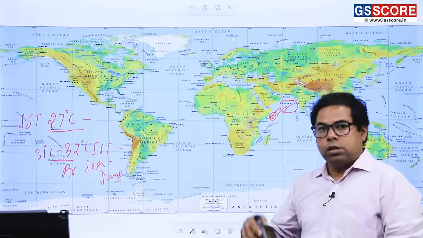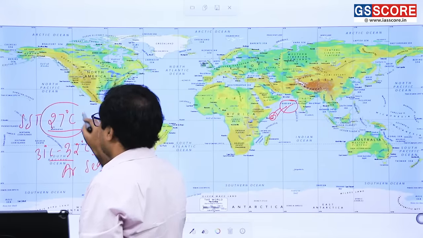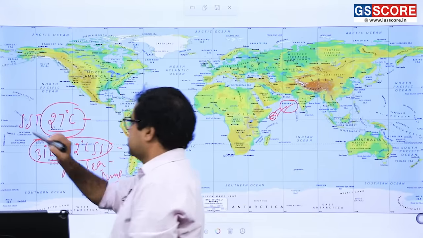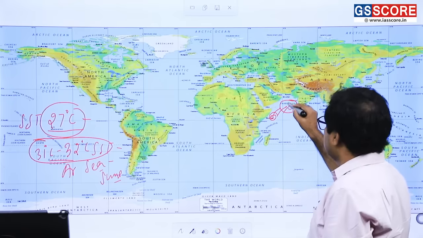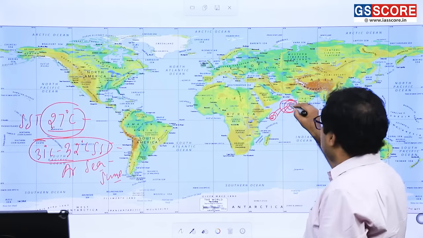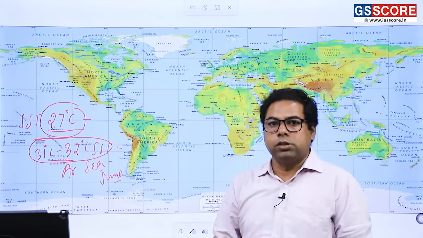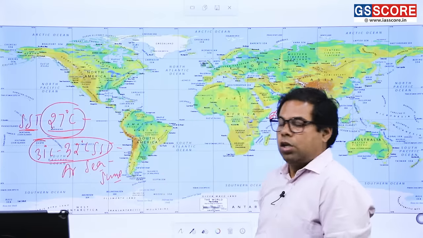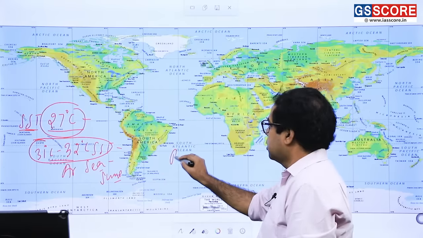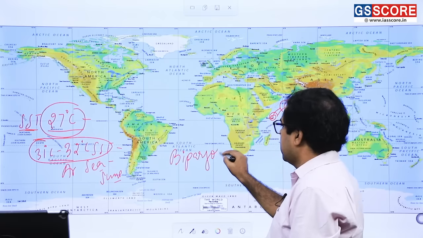So that was above average temperature, or we can say excessively above average temperature of the sea surface. That has been responsible for developing the strong cyclone. So this strong cyclone has developed because of the rise in temperature of the sea surface. This cyclone is Biparjoy.